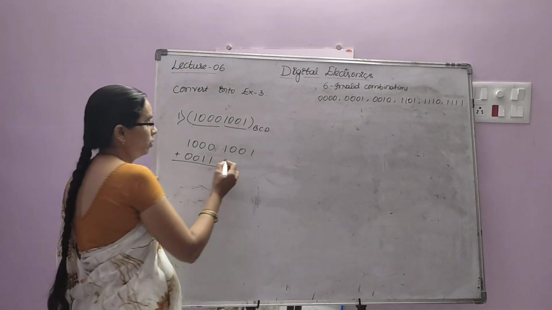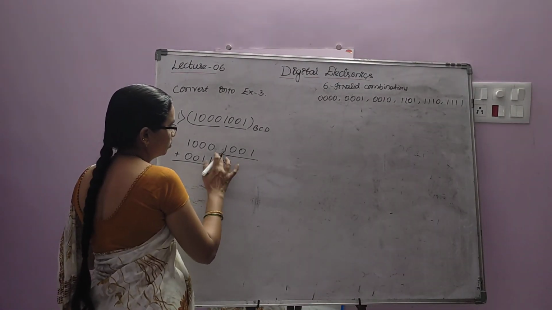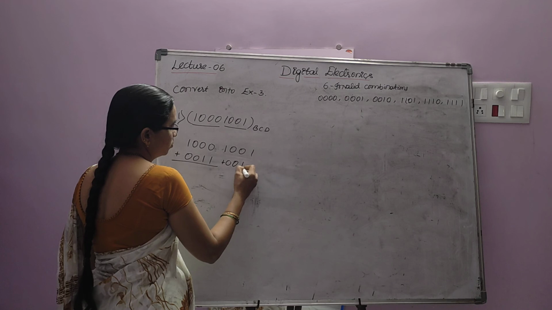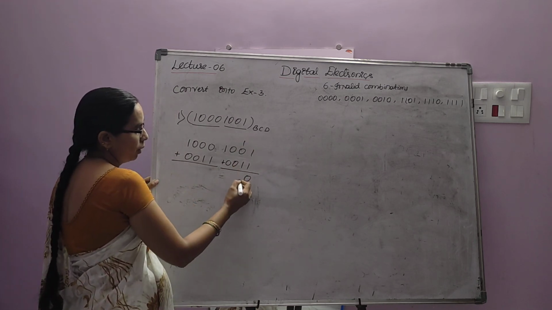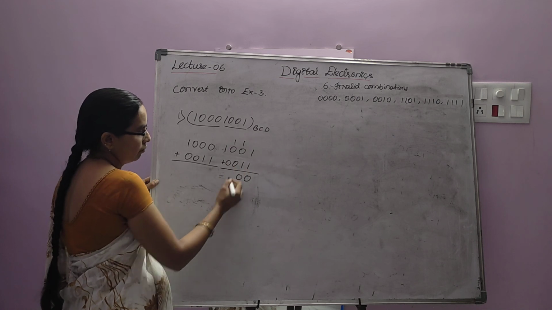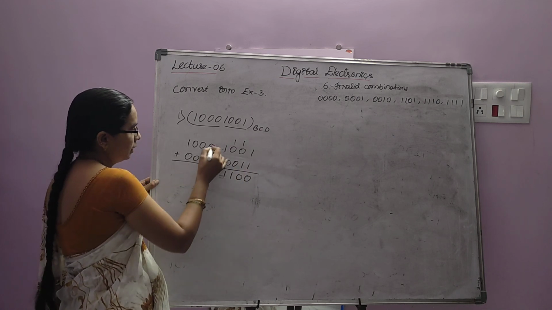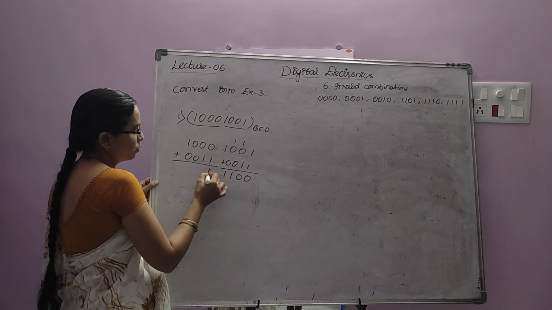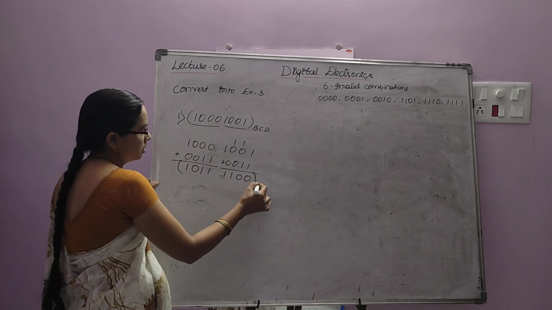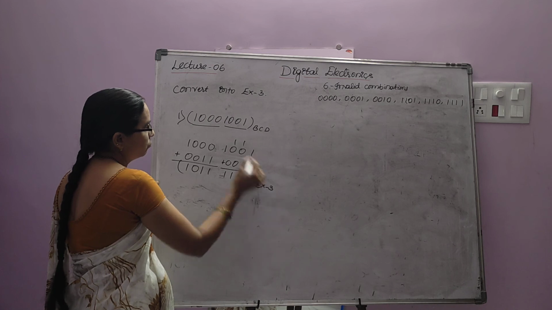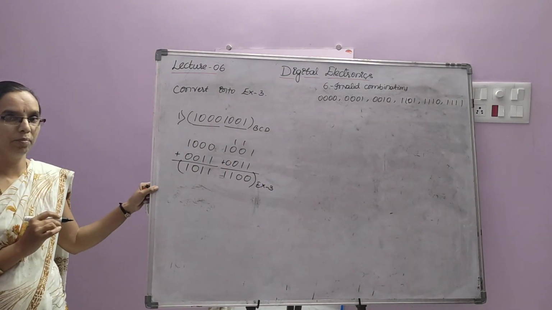It is 0 0 1 1. 1 plus 1 is 0, 1 plus 1 is 0 with carry 1, 1, 1, and it is 0 plus 1 is 1, 1, 0, 1 and this is the excess3 equivalent of the given BCD number.